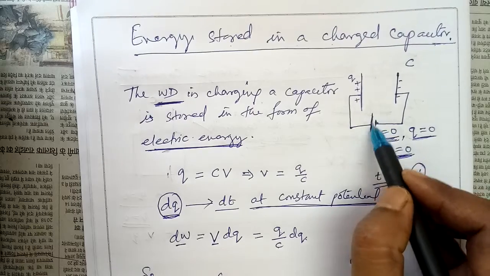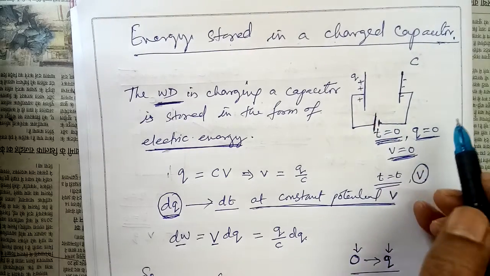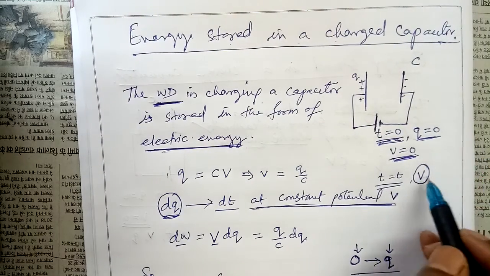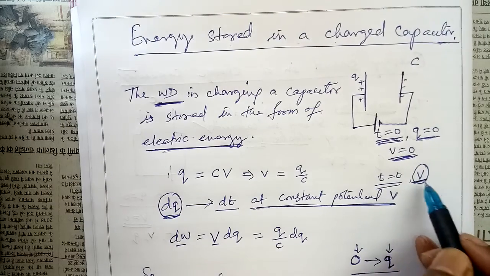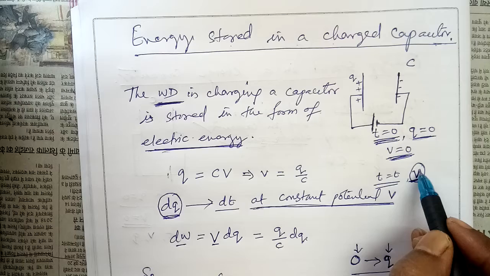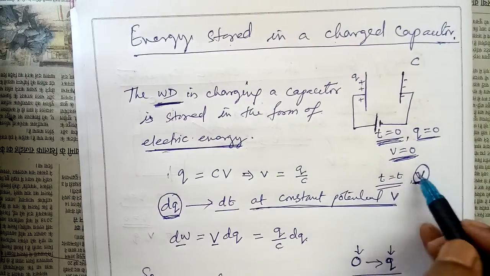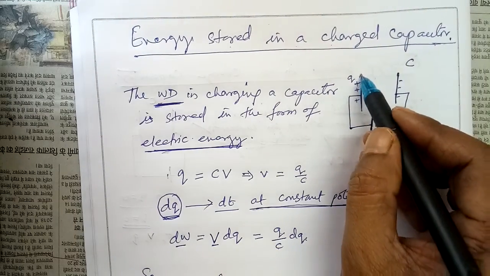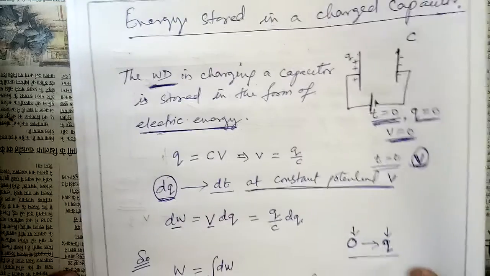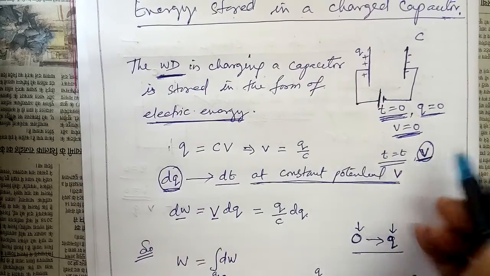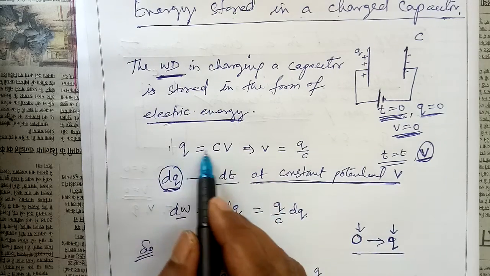Say we connect the capacitor with a battery, then after some time, let the potential difference between the two plates become V. This means the plates of the capacitor have accumulated some charge, and this charge is expressed as q equal to CV.